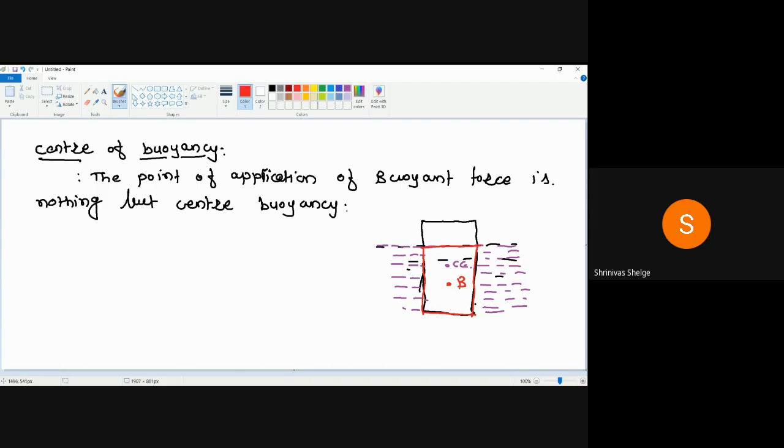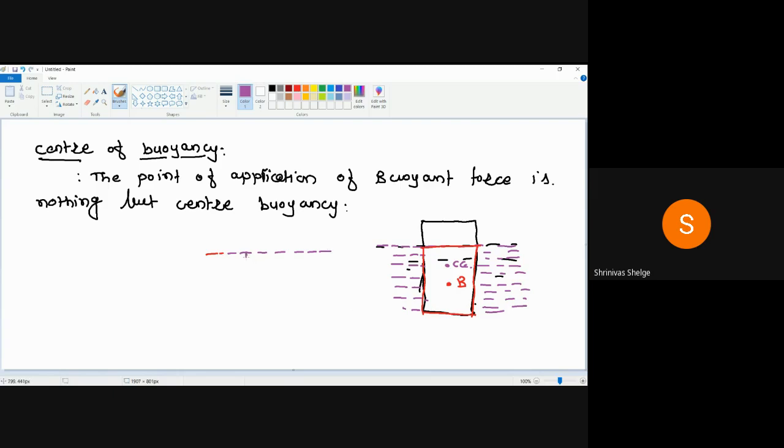Is it clear? One more thing, suppose this is the water, this is the free surface of the liquid, correct?